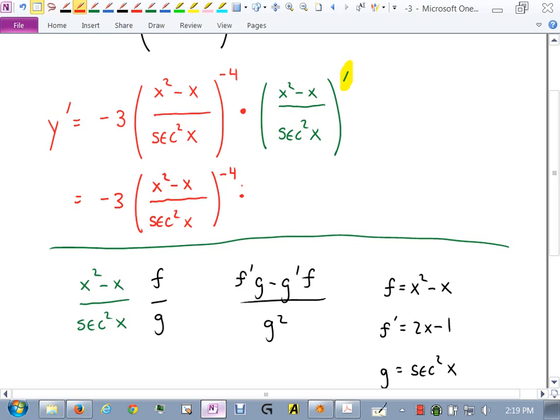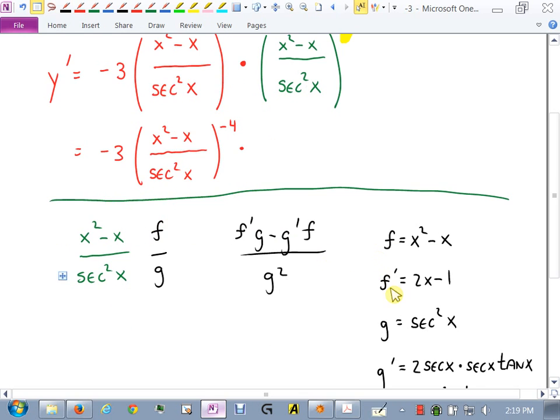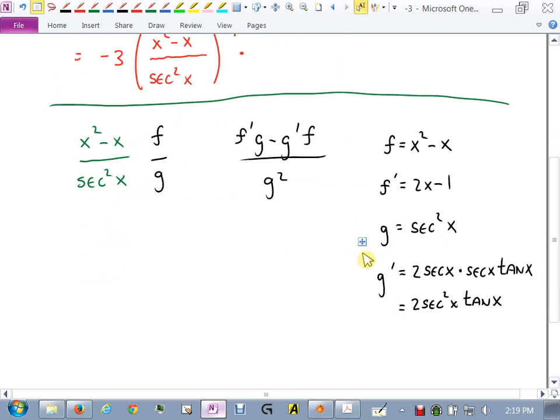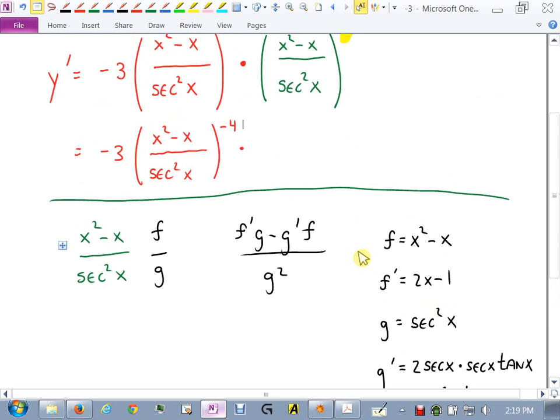All right, so we went inside, took the derivative. It was a quotient rule. The quotient rule was set up here. We had a little bit of chain rule happening in here. So let's write down f prime g minus g prime f over g squared. F prime is 2x minus 1 times g, secant squared x.